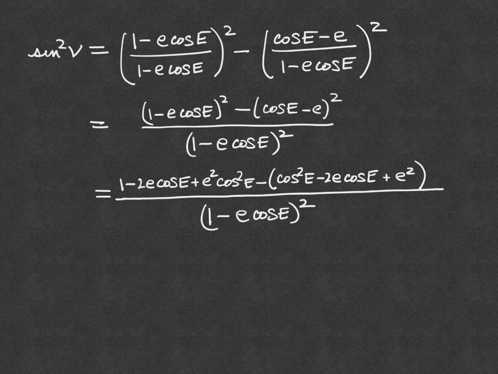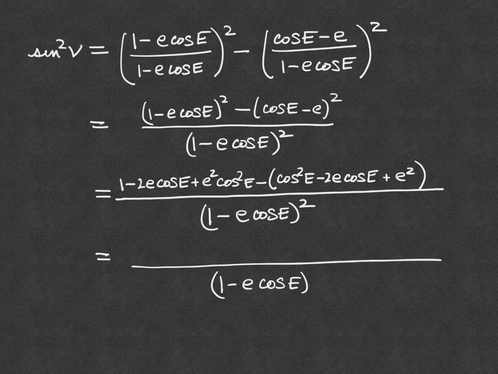Now this expression can be rewritten as follows. I've got (1 minus e cosine E) squared in the denominator. Now you'll notice that I have a minus 2e cosine E, which cancels with the 2e cosine E after I distribute the negative sign. So I wind up with 1 plus e squared cosine squared E, and then I have minus cosine squared E, and then I have minus e squared. Because as I said, the 2e cosine E cancels out.